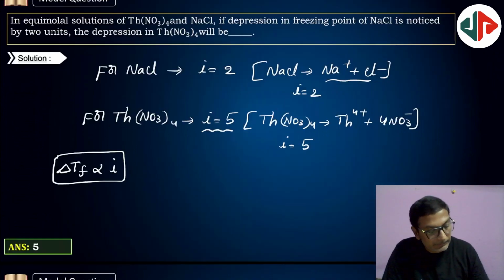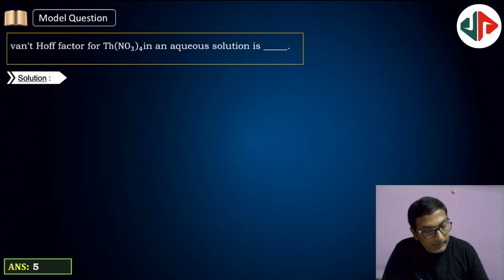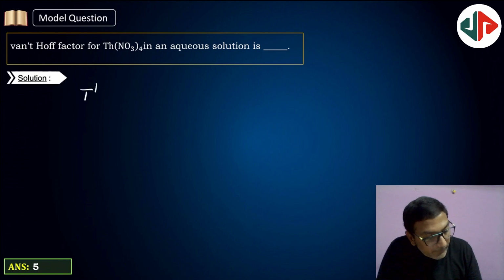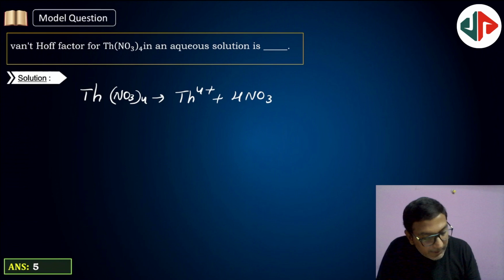Next. So the Van 't Hoff factor for Th(NO3)4 in aqueous solution: Th(NO3)4 dissociates to Th4+ and 4NO3-. So the total number of ions, i equal to 1 plus 4, which is equal to 5.